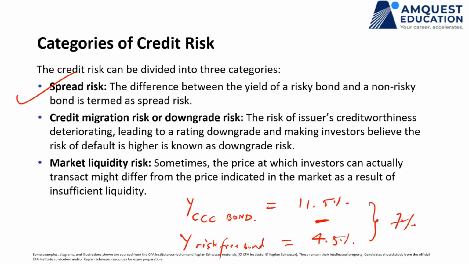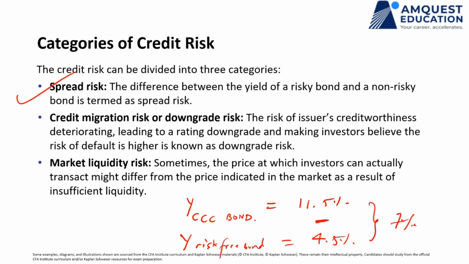Then there is a risk of credit migration or downgrade. This is the risk of issuers' creditworthiness deteriorating, leading to a rating downgrade and making investors believe the risk of default is higher. So when I gave you the loan, your rating was AA, right? But today your rating is B. You have seen a downgrade in your rating. Why did you see a downgrade?